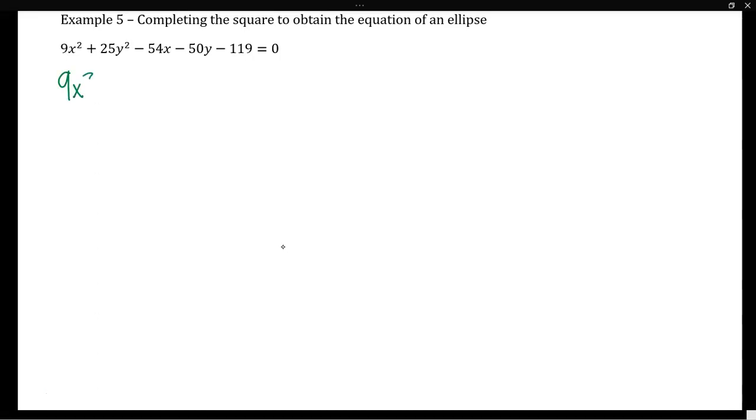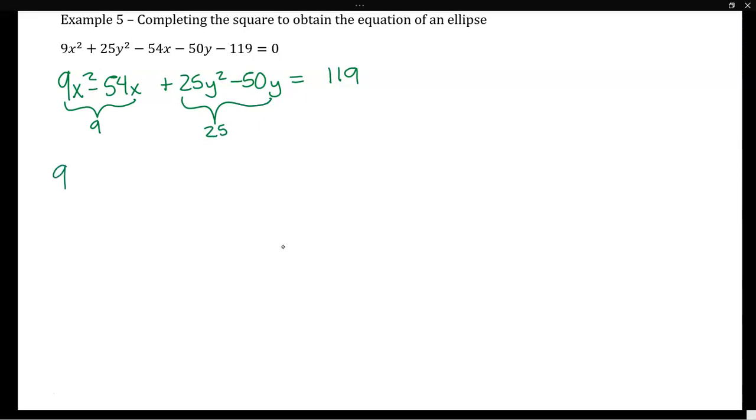We're going to have 9x squared minus 54x plus 25y squared minus 50y, and we're going to move that 119 to the other side. Okay, and so now when we complete the square, we're going to factor out a 9 from the x terms, and we're going to factor out a 25 from the y terms.